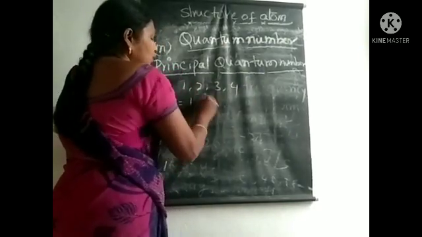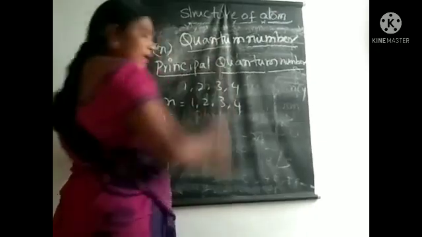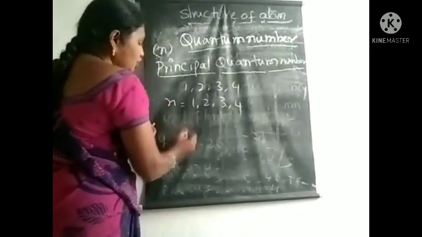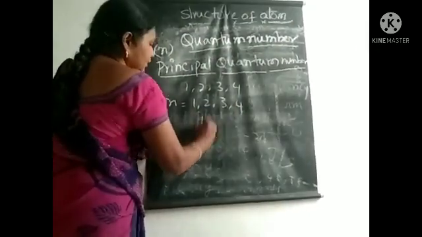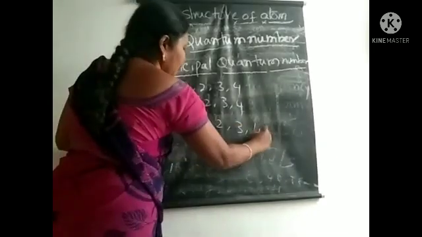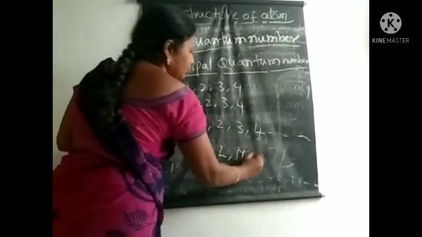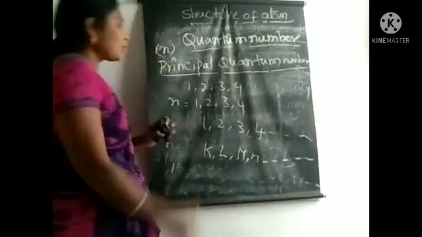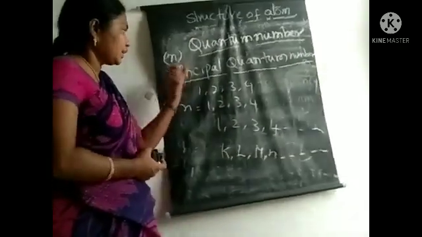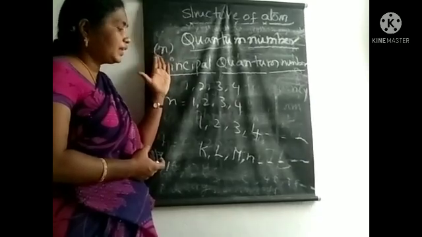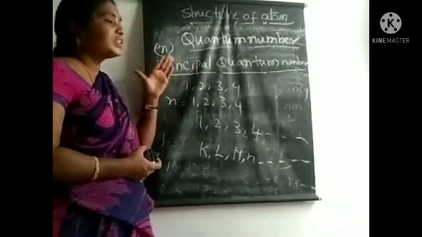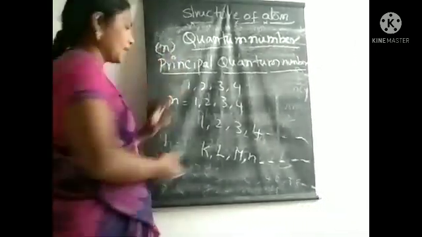The shells are K, L, M, N, like that. The principal quantum number is denoted by n. It describes the size and shape of the atom.